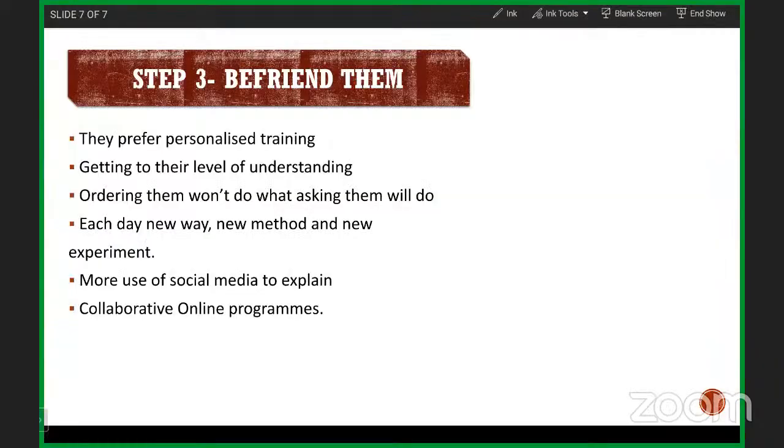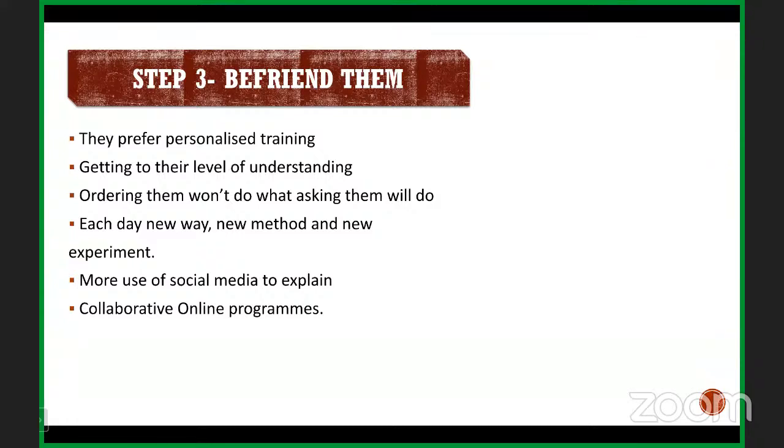So I was saying, step 3 is befriending them. You can't always be asking them or telling them. You have to sometimes listen to them because they have their own ideas and methods of doing things. So we would like to sometimes take their ideas in person also.